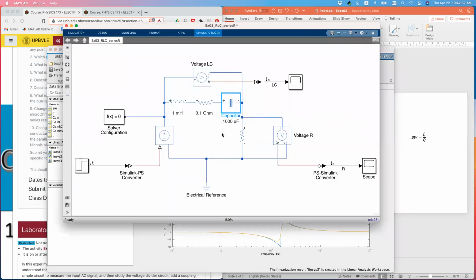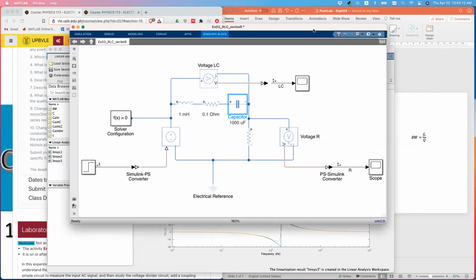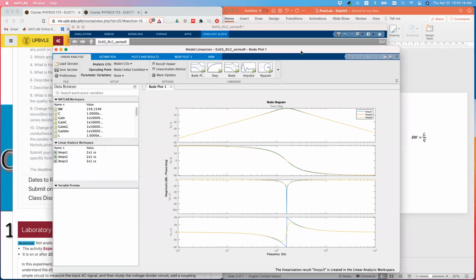Okay, so that's how you verify or that's how you model yung series resistance na ito. And this is something that I'm going to look for dun sa report ninyo. So it's not enough na dinescribe nyo lang yung difference. Remember that you always have to apply kung ano yung natutunan nyo sa lecture.